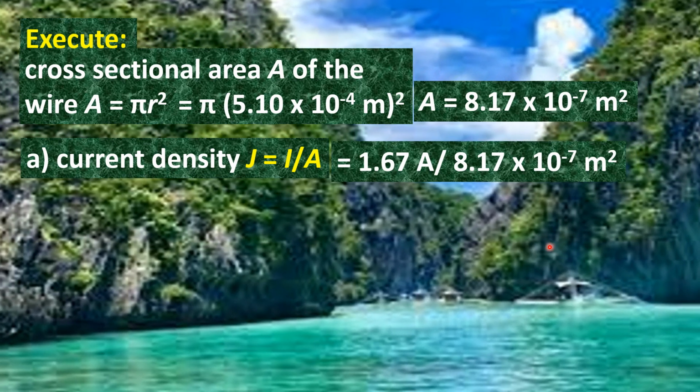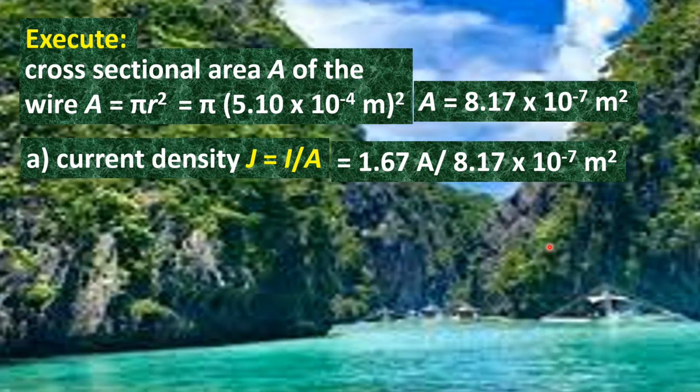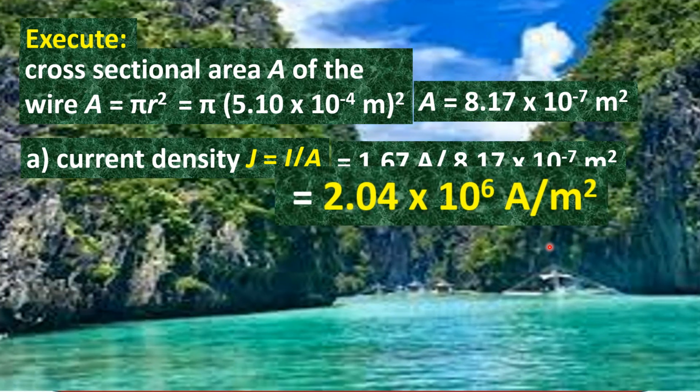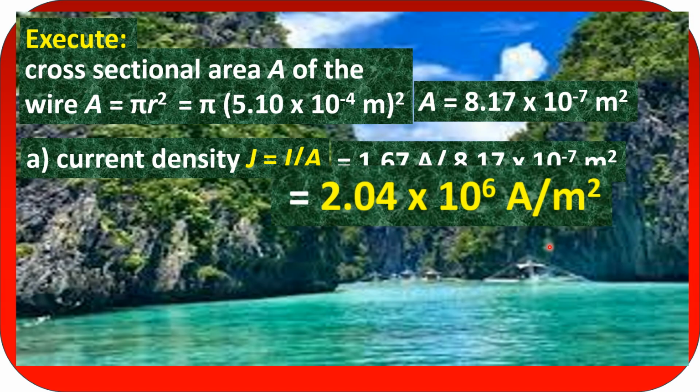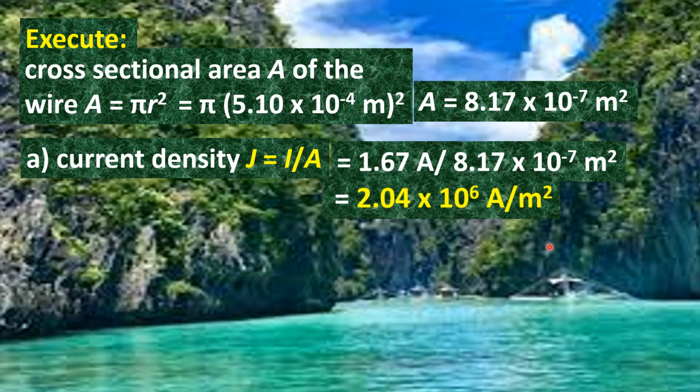Or, the current density, capital J, has a magnitude equal to 2.04 times 10 to the 6 amperes per meter squared.